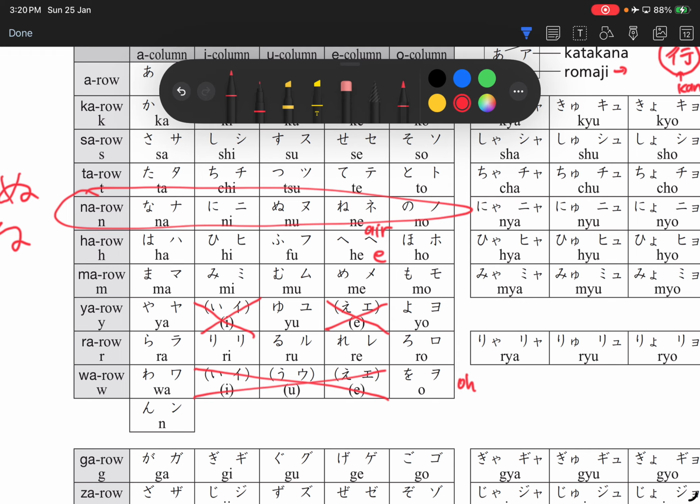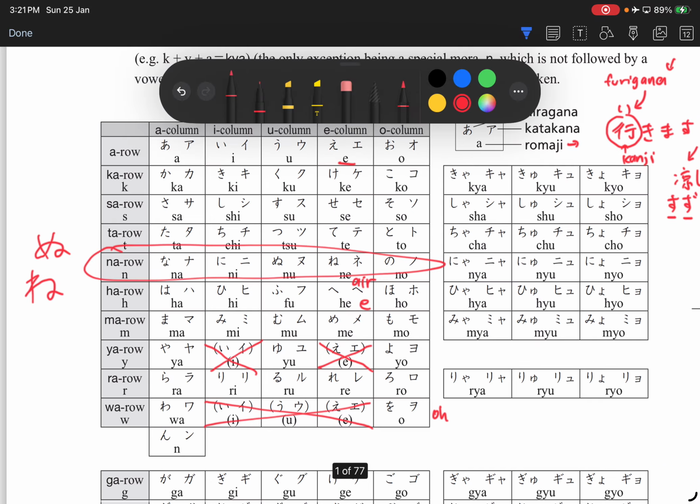Yeah, so don't worry, we will learn when to use this. So just absorb that this is part of the alphabet system. It's not a vowel. It's just a particle, a word ender or a word starter.